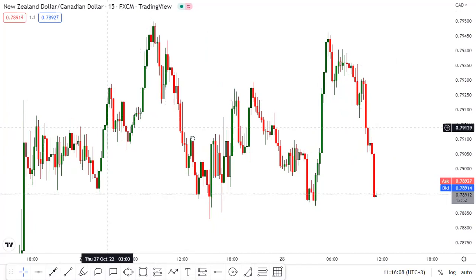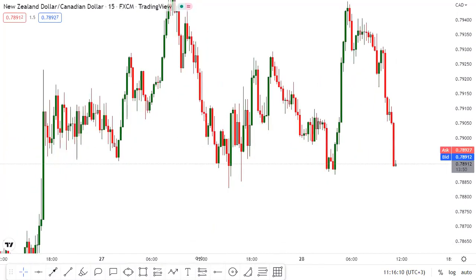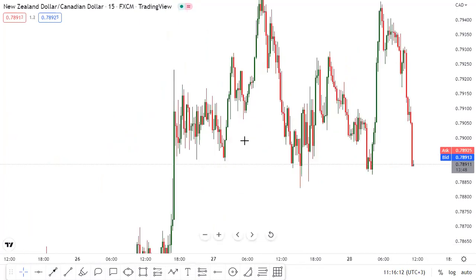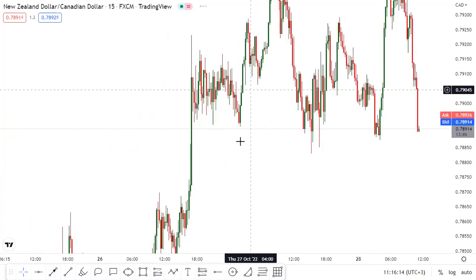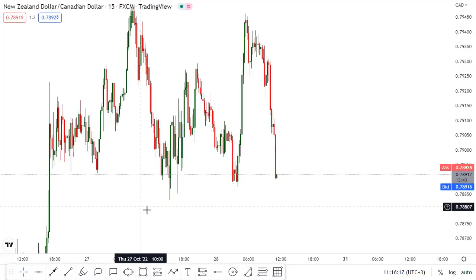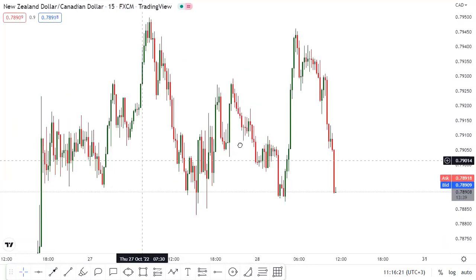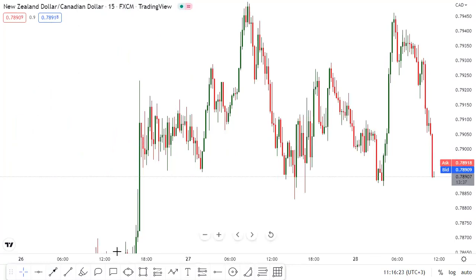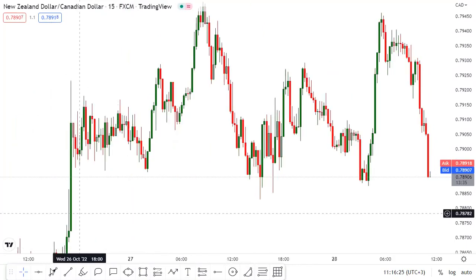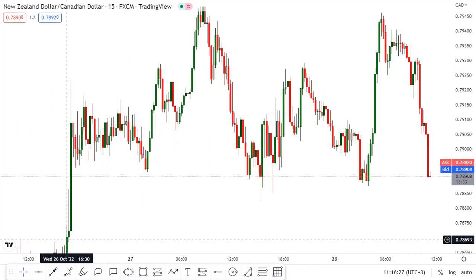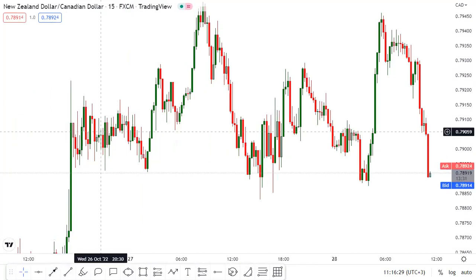Here you can see we are in an uptrend. This chart was in an uptrend, right? And now we can see what happened here: the market decided to show a change of character, because this point was our high.